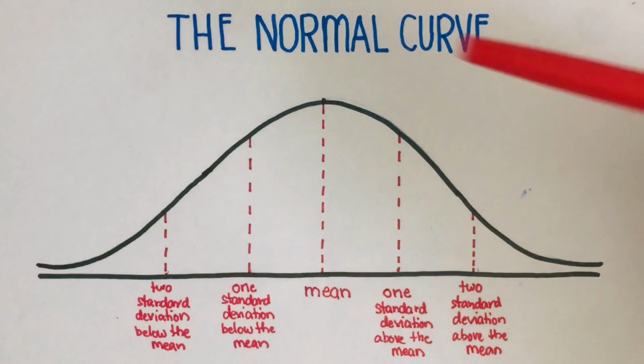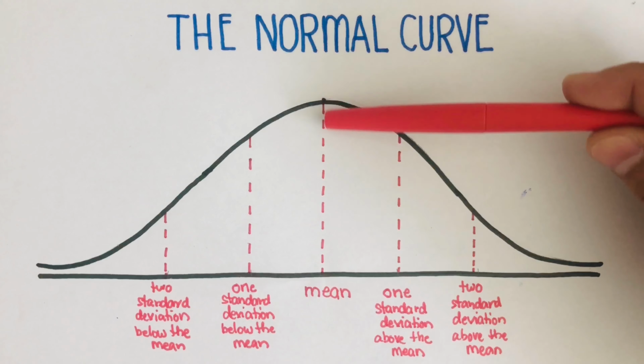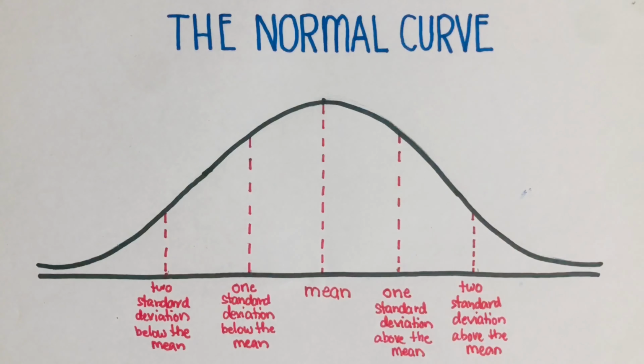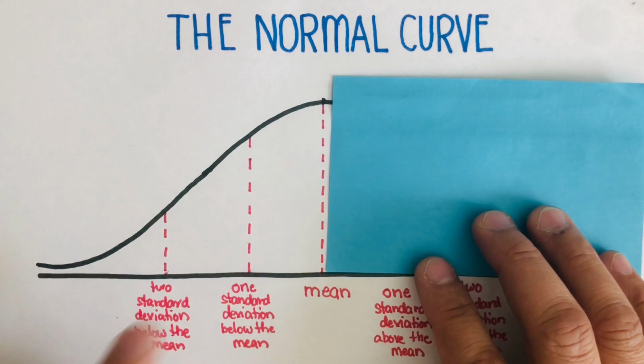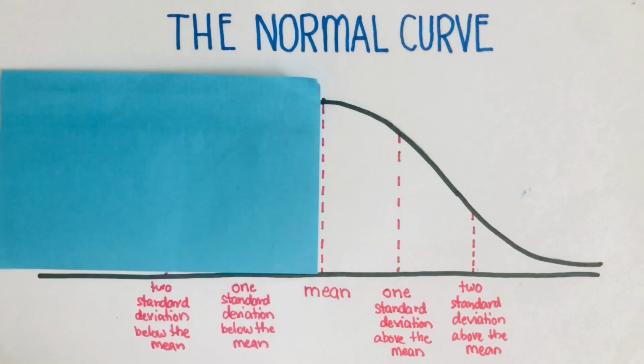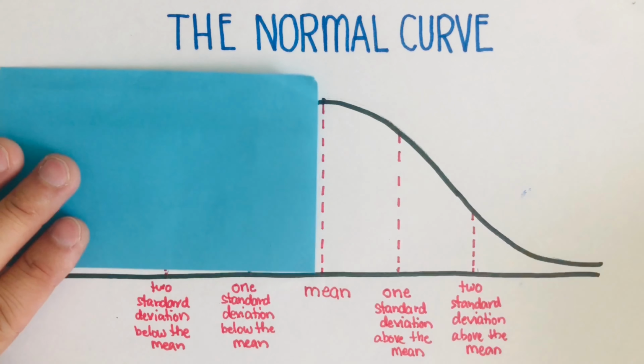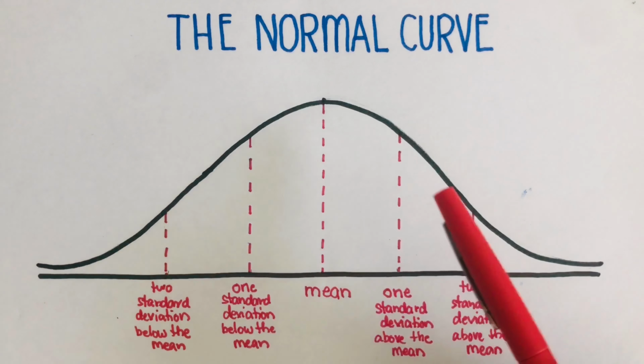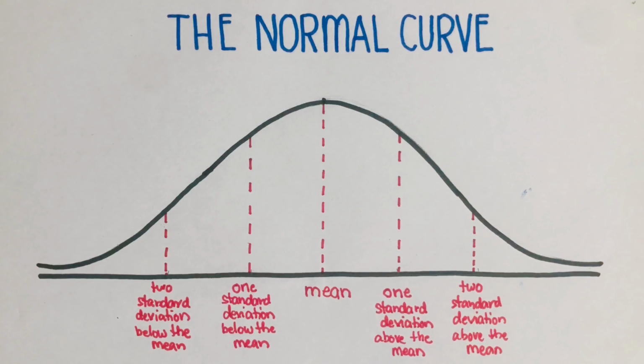Notice that the center of this normal curve is the mean, and this mean divides the curve into two parts. We have the left side and then we have the right side.